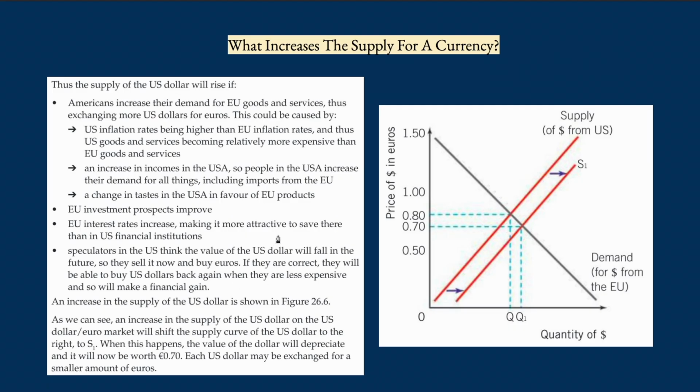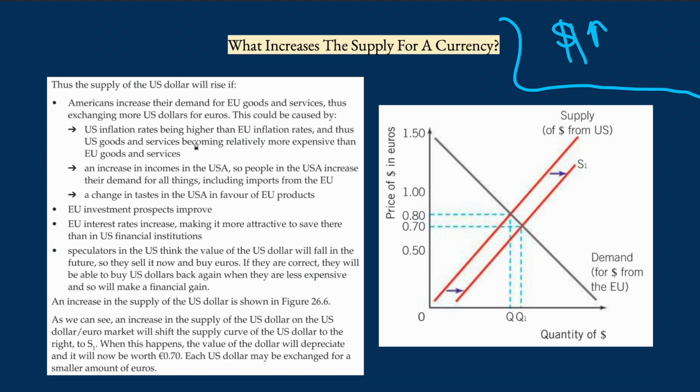But again, bringing back this graph for a deeper analysis of each point, the supply of the US dollar will rise if any of the following occur. Americans increase their demand for EU goods and services, thus exchanging more US dollars for euros. And when you consider the US supplying more US dollars in exchange for euros, then going back to this little corner I drew of the intangible Forex market, more US dollars will appear outside the US, meaning that the amount of dollars will increase.